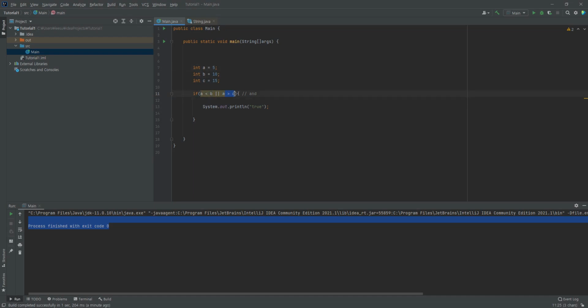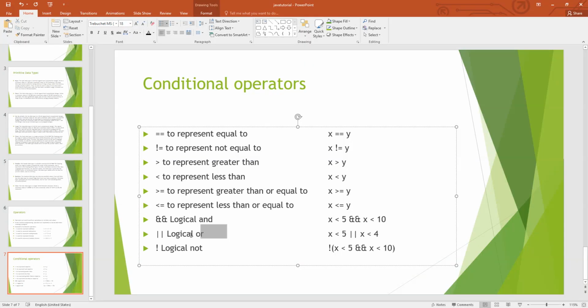But a less than c is false since a is smaller than c. But this will still print true, because only one of them needs to be true. So that's the meaning of logical or.